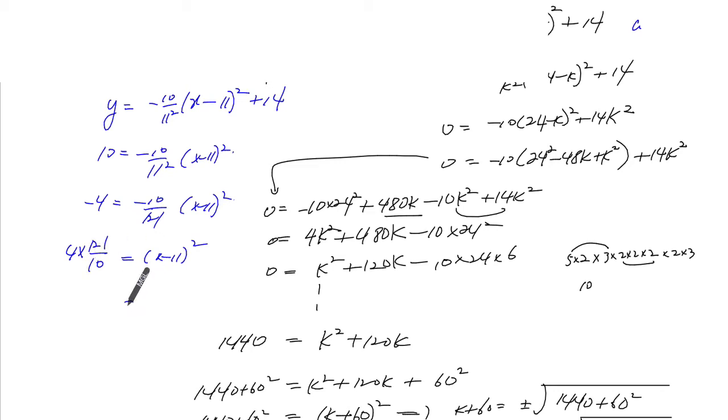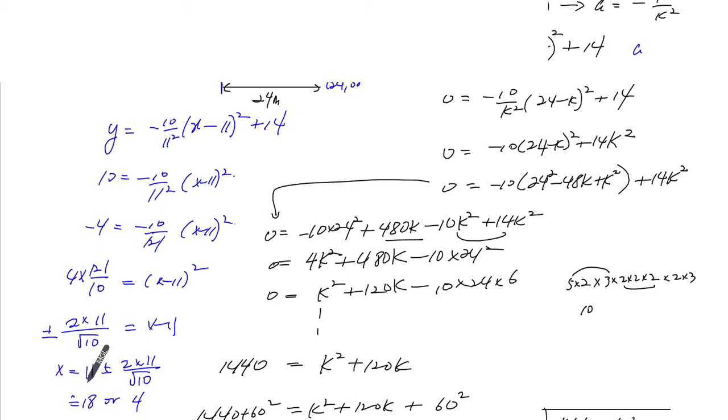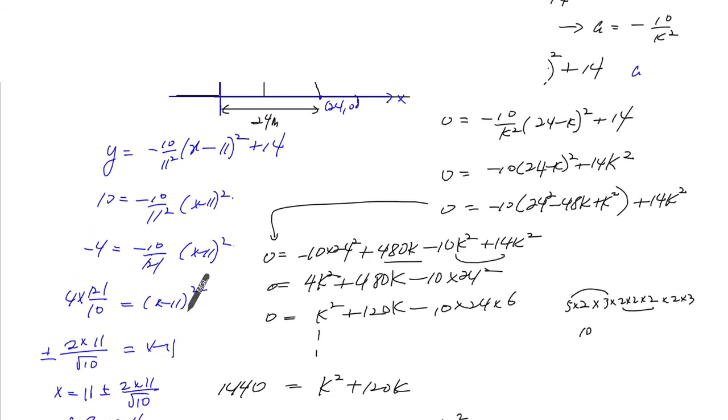Now if you square root both sides, you get roughly 2 times 11 over root 10, equals plus or minus (x minus 11). So x is equal to 11, adding 11 to both sides, 11 plus or minus 2 times 11 over root 10. To one decimal place, we get 18.4 and 3.6.